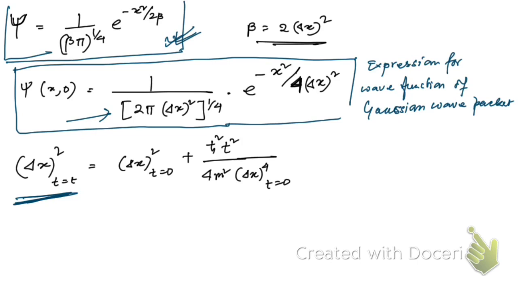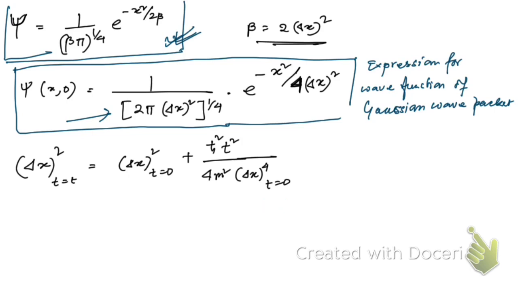If you are asked to explain the spread of this wave packet briefly, suppose 1 or 2 marks is given, then you don't need to show this derivation. That's why I haven't shown the derivation of this del x here.